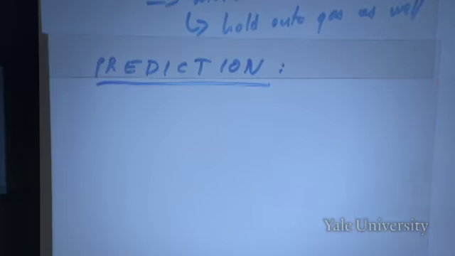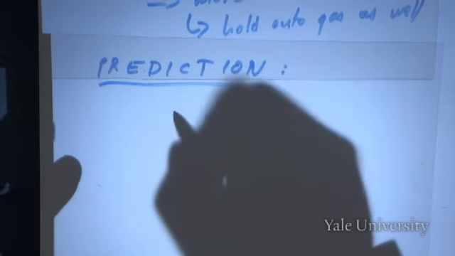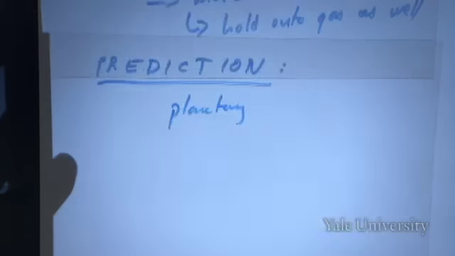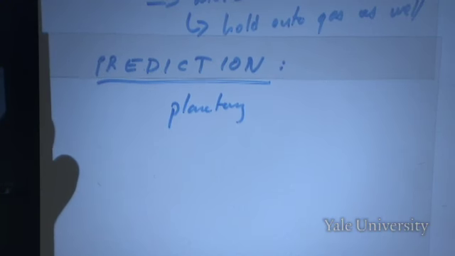Namely, that this difference between inner planets and outer planets ought to exist everywhere. This should be a general feature because there's nothing of what I've said so far that's unique to the sun.